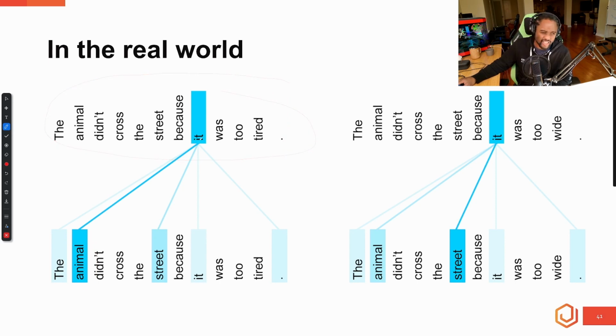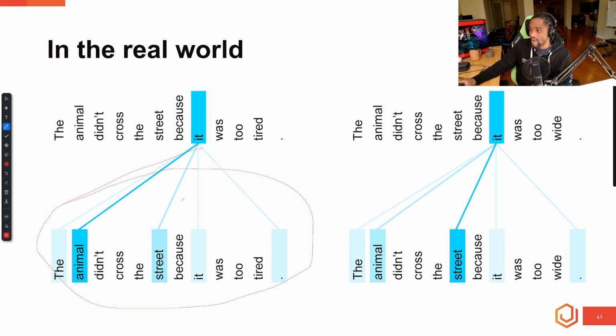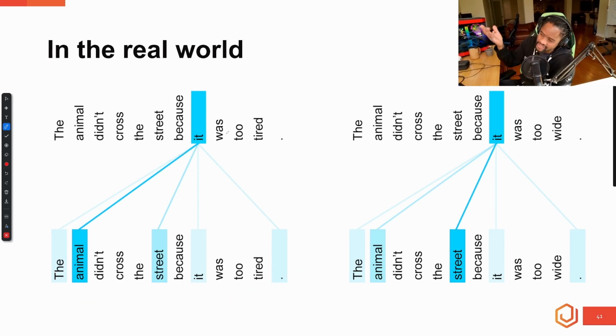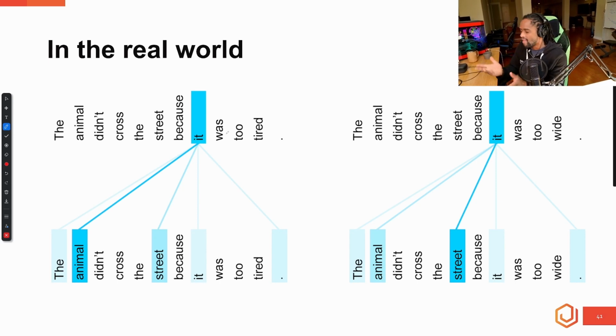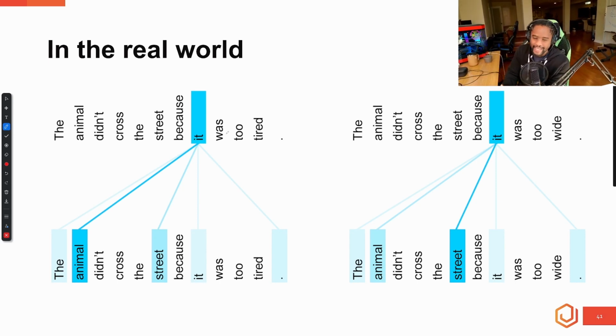So it's contextual embeddings. It's not sequence to sequence. We're not sending any information word to word. We're just creating a representation for each word relative to the other words in the window of words it's looking at. That's why we have context windows. If you want to use ChatGPT, you can only put 4,000 words in it at a time.